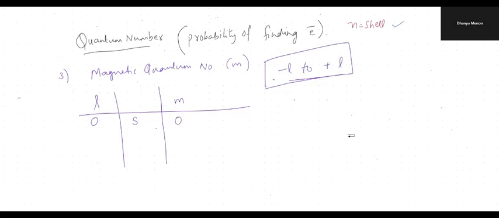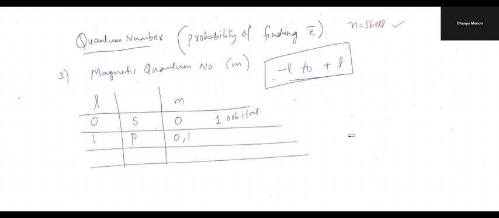And how many numbers are there? It is representing one orbital. If L value is 1, it is represented by P.